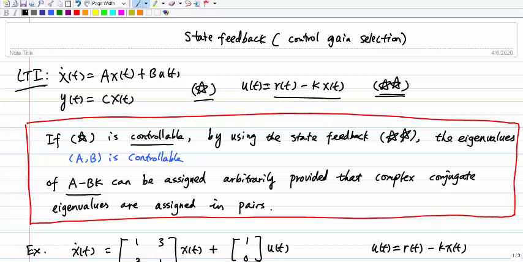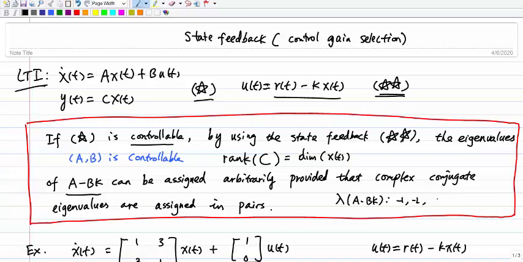If the rank of my controllability matrix is equal to the dimension of my x(t), then the system is controllable, right? So if I want the eigenvalues of A minus BK to be, let's say, -1 and -2, that's definitely doable.